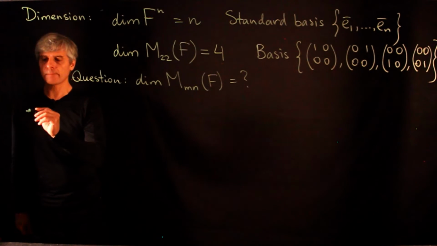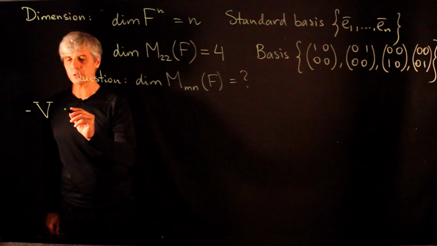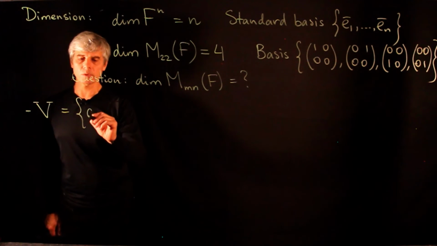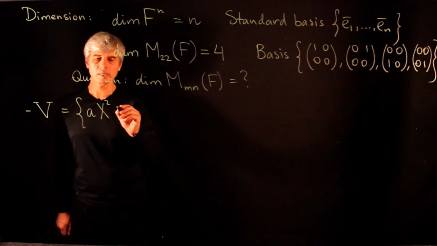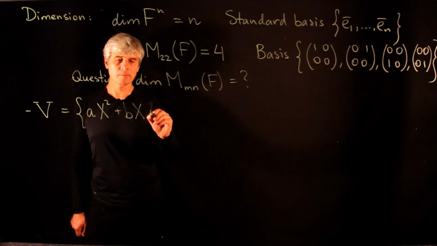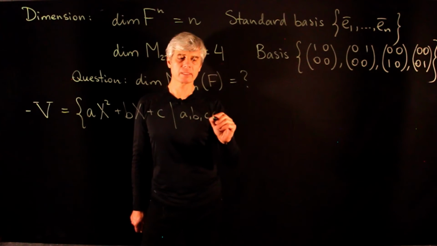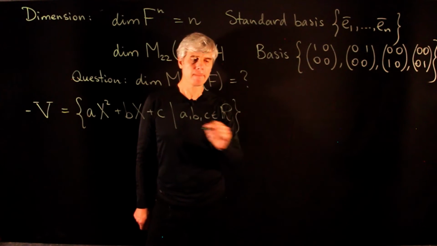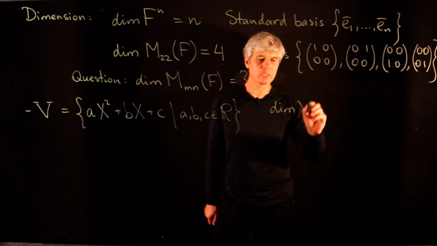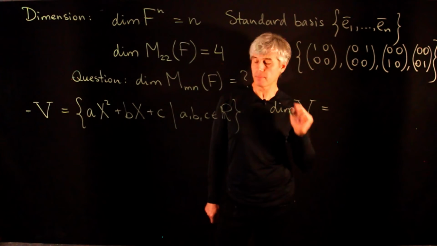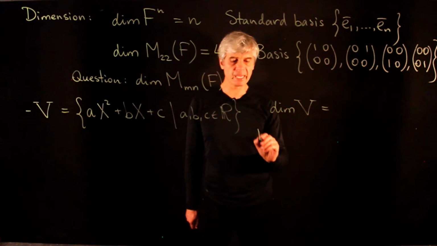Now, as a next example, let's consider V to be the space of quadratic polynomials. So it's all polynomials of the form ax squared plus bx plus c, where a, b, and c are real numbers. We want to ask the question, what's the dimension of this space? To compute it, we need to construct a basis.